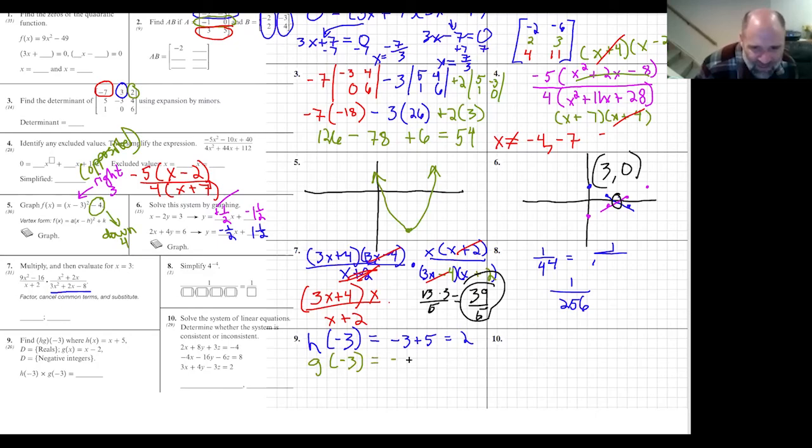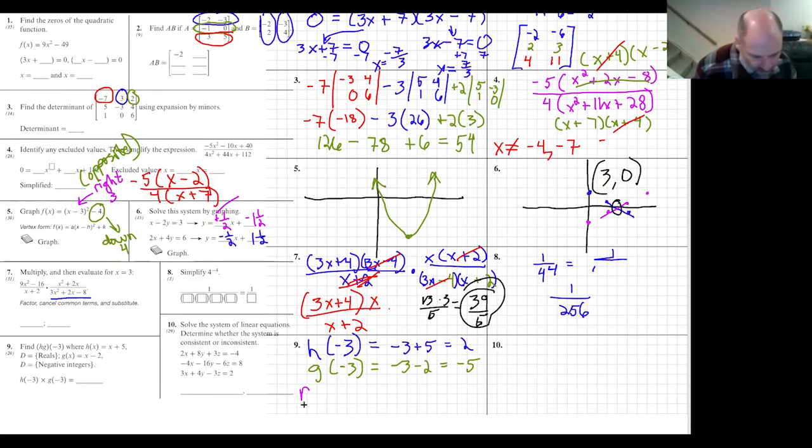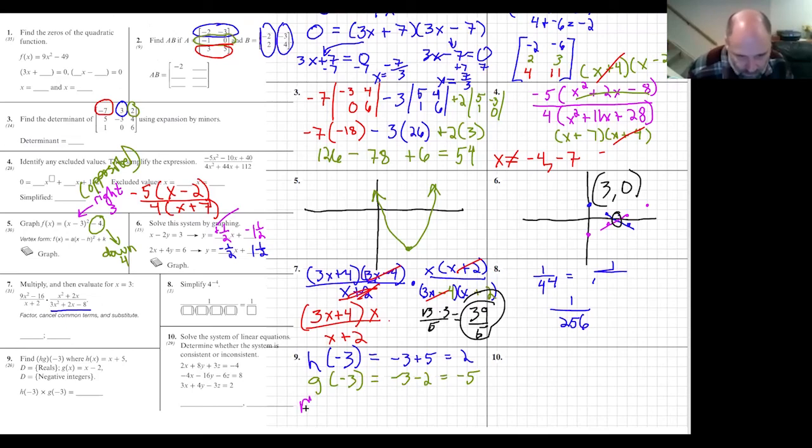So -3 minus 2. So that's -5. Okay, and then you're going to multiply. So HG of -3 is just 2 times -5.